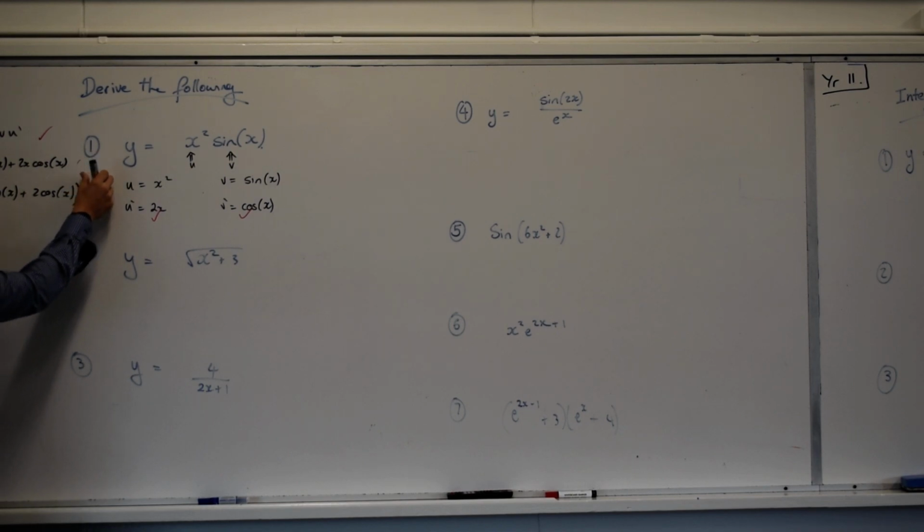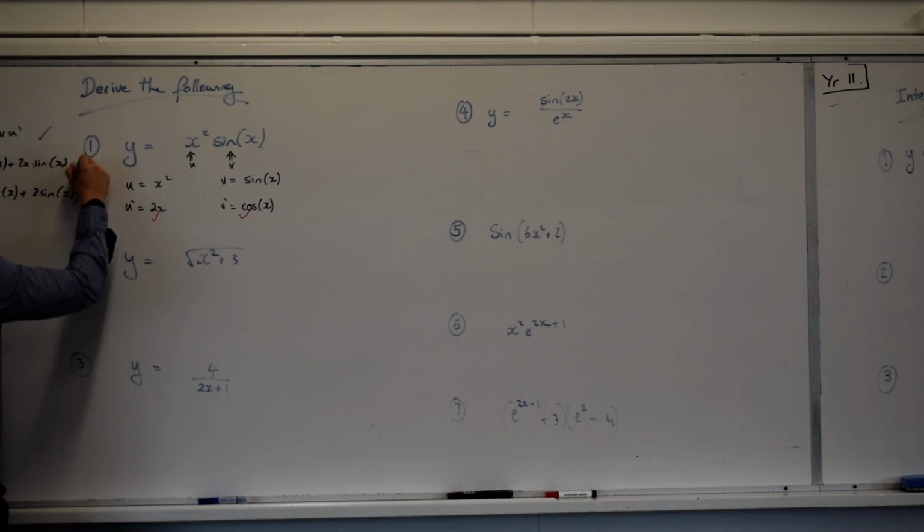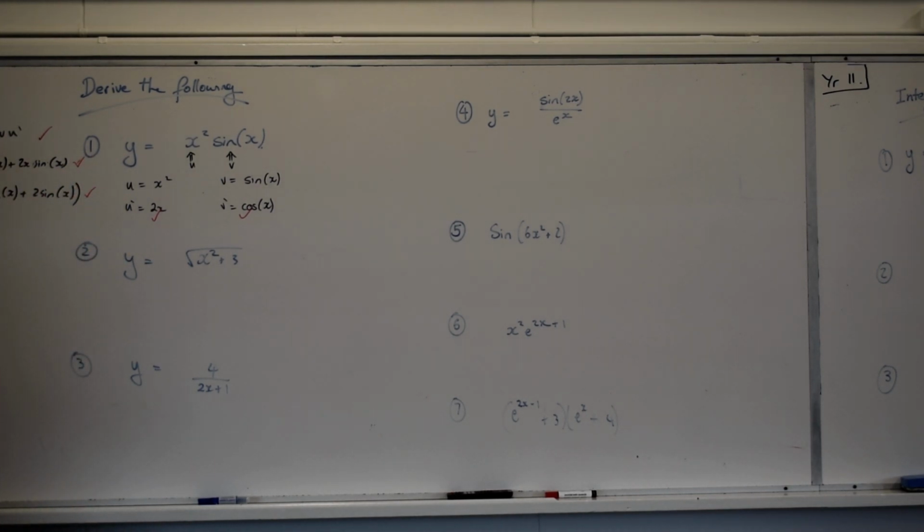So I'd get no ticks there. Cool. Now I get a tick for that and a tick for that. No, that's for integrating. Important we know which way we're going, and that comes through practice.